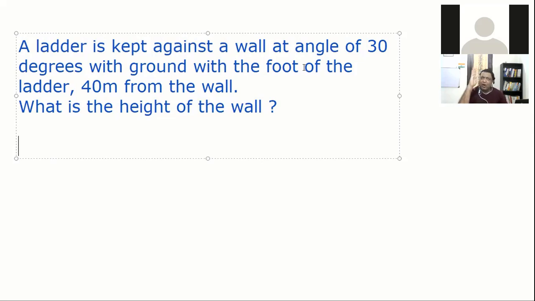So like the wall, a ladder is kept. How will we approach this? More than the answer, I want to know how you will approach it. Anvi, how will you approach this question?